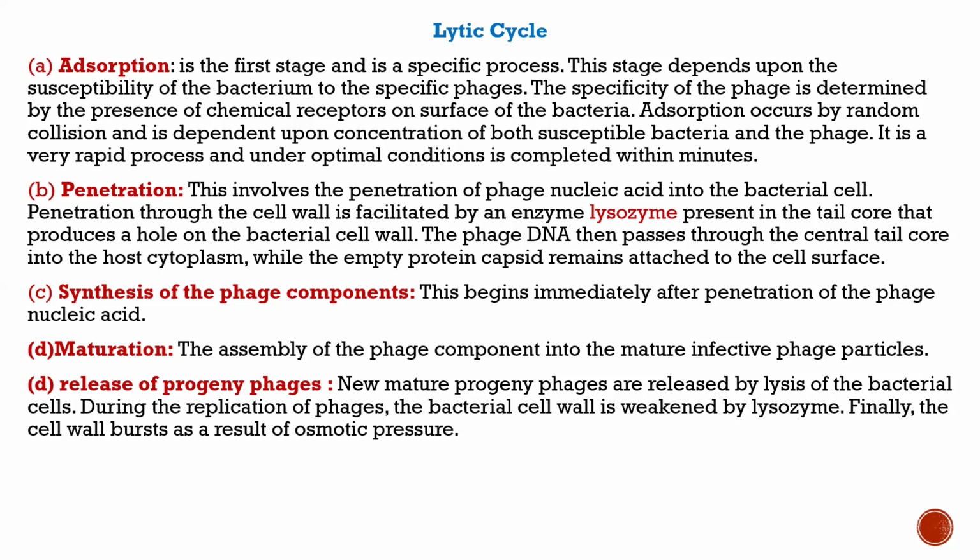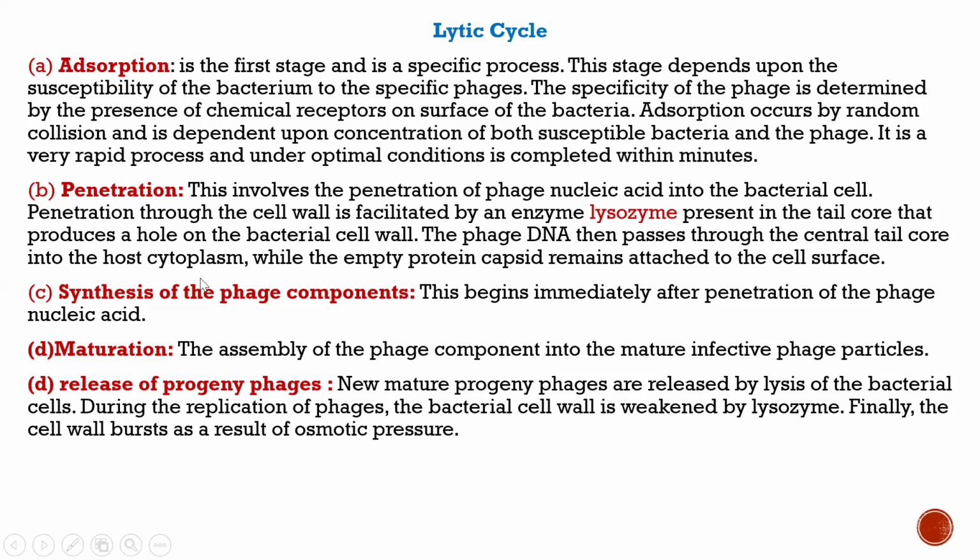When it integrates, it will use the bacteria's genetic materials or components to be able to replicate its own. Like we said, they are obligate parasites, so they depend on the bacteria's genetic material to be able to replicate. So that's the major thing to do.